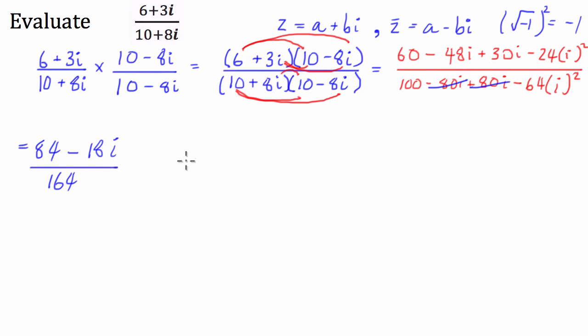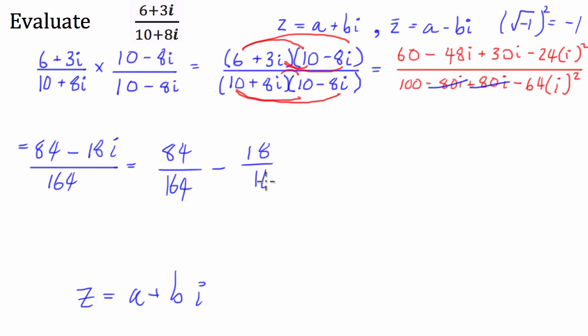But we still need to present this in the form a plus bi. So let's go about doing that. We can just break up the two terms in the numerator and make this 84 over 164. So that's your a. Then we have minus 18 over 164 i.